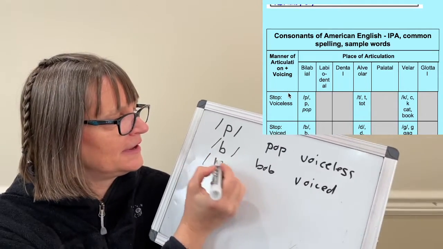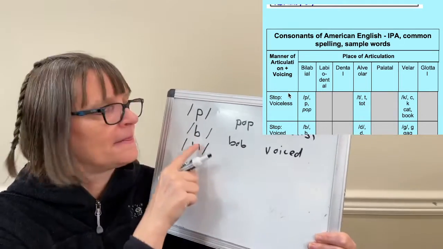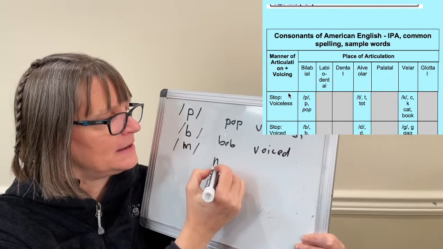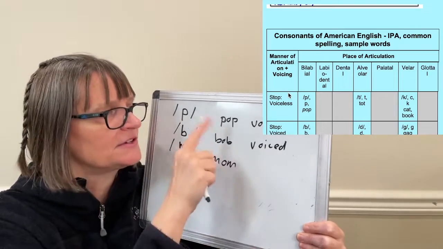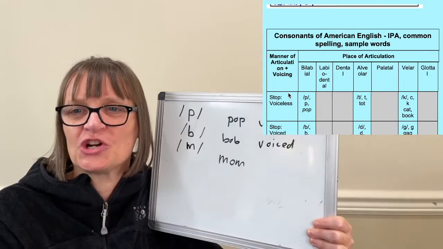Okay, so for our bilabials, we have the p, the b, and the m, like in mom. This is a voiced sound. It's a continuant sound. These are stop sounds. You can see that in the chart.